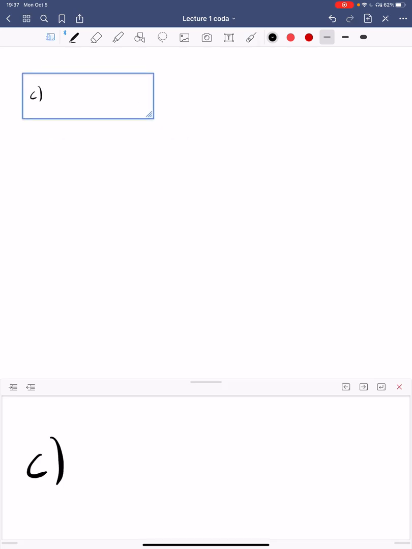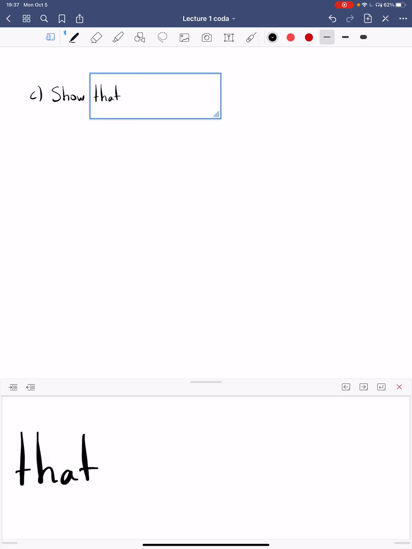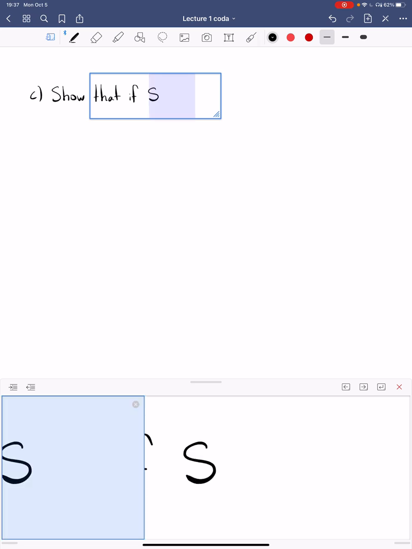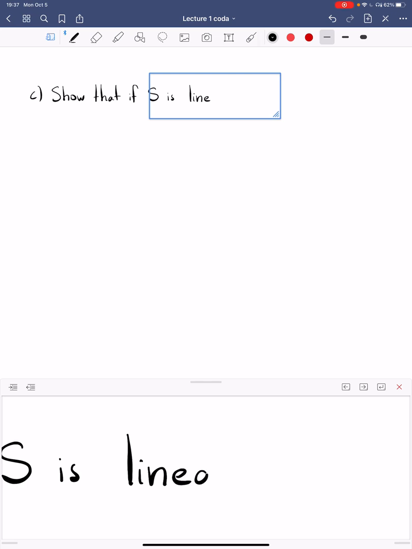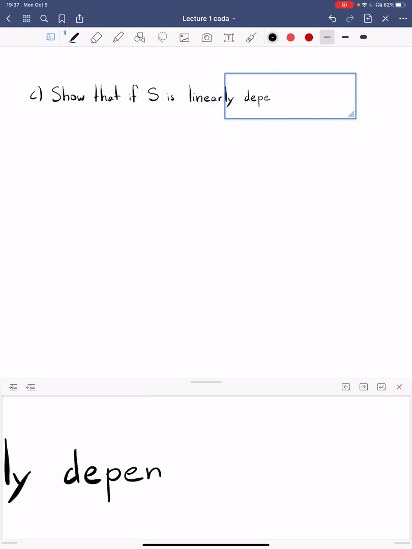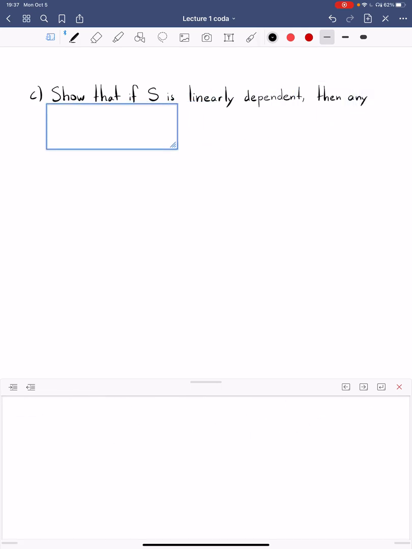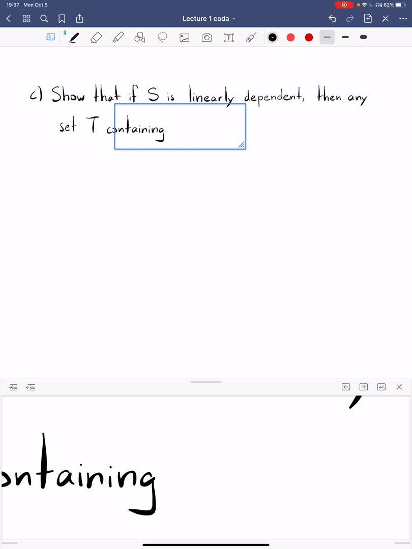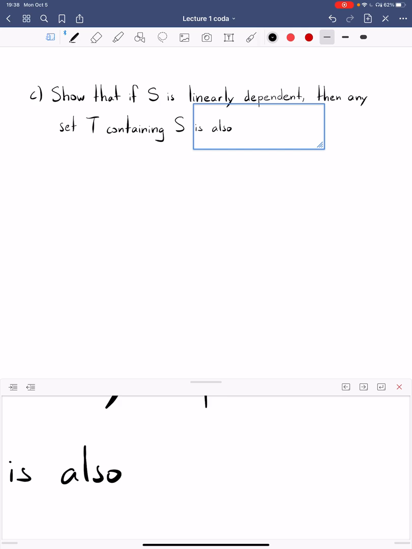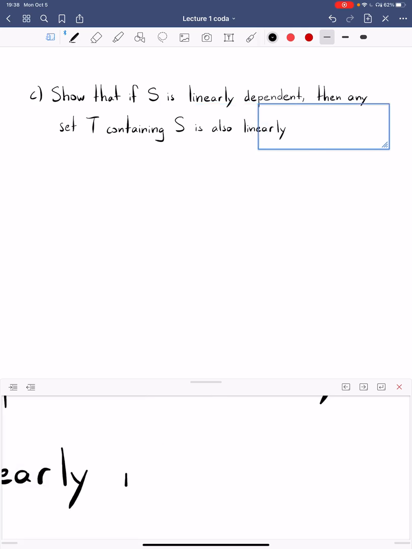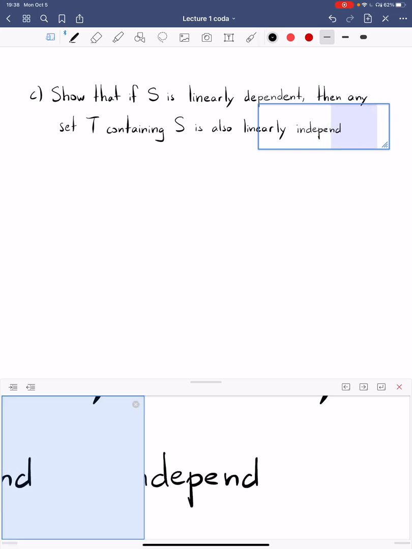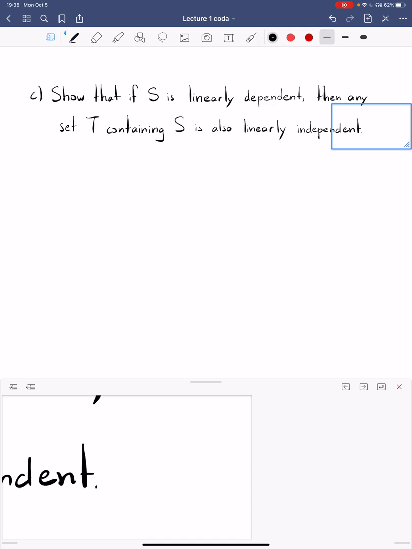So C is something like: show that if S is linearly dependent, then any set T containing S, so not a subset of S, but a superset of S, is also linearly dependent.